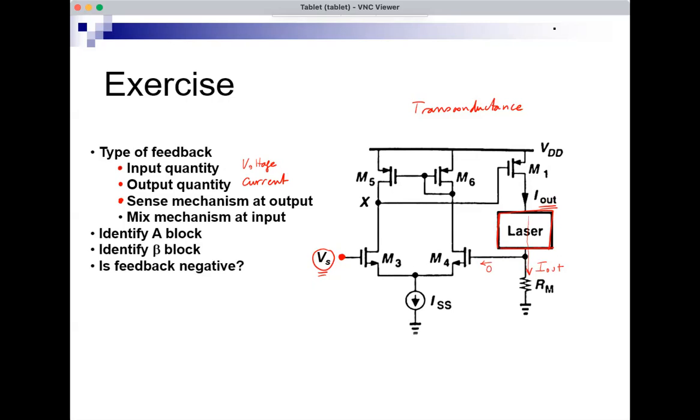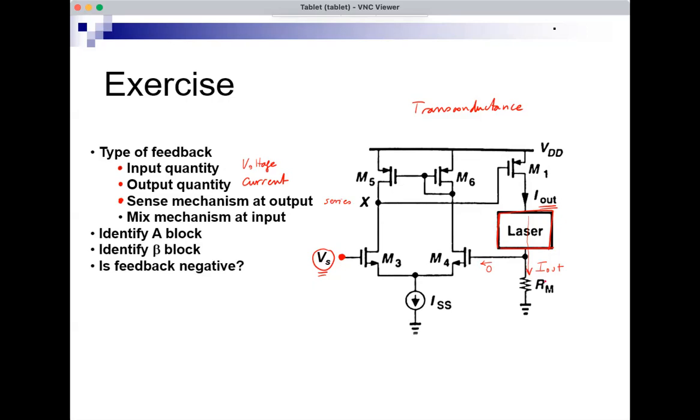And this is how I am measuring I out. It's a series sense mechanism. I measure the current by adding a virtual ammeter in series with it. So there's like a virtual ammeter here in RM that's sensing I out.